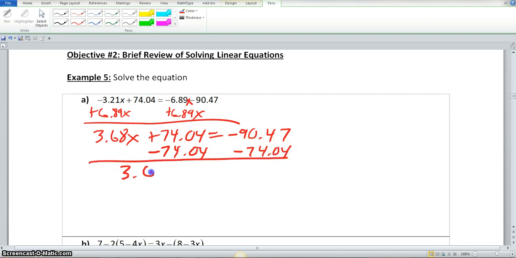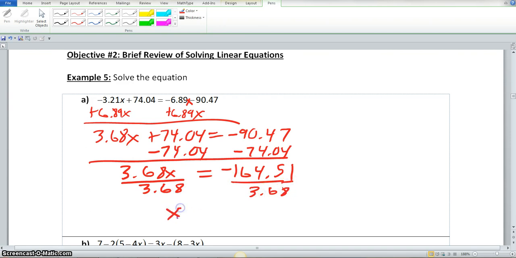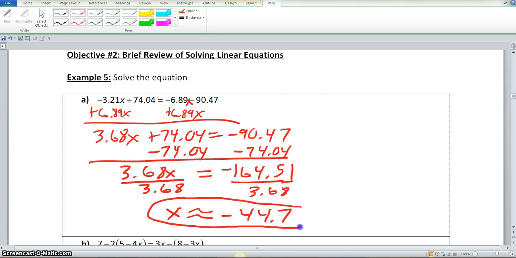We'll be left with 3.68x is equal to -164.51. Now, again, to get x by itself, we divide each side by 3.68. And we will have x, and this will be an approximation. We approximate to one decimal place. It'll be -44.7. And that is our final answer.